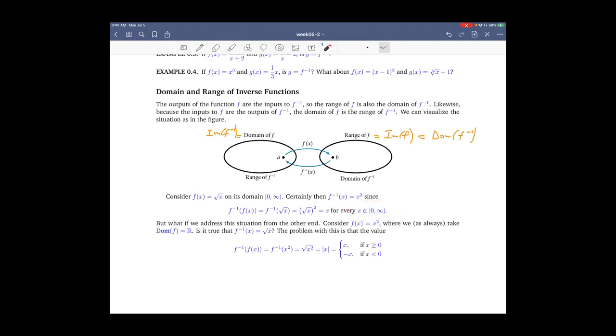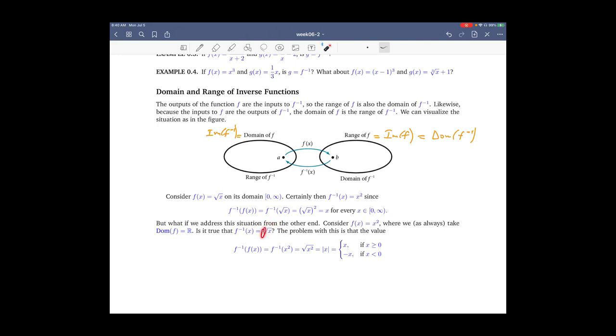What if we reverse the situation? What if we now start with the function x squared and defined on the entire real line? Should the inverse function be root x?